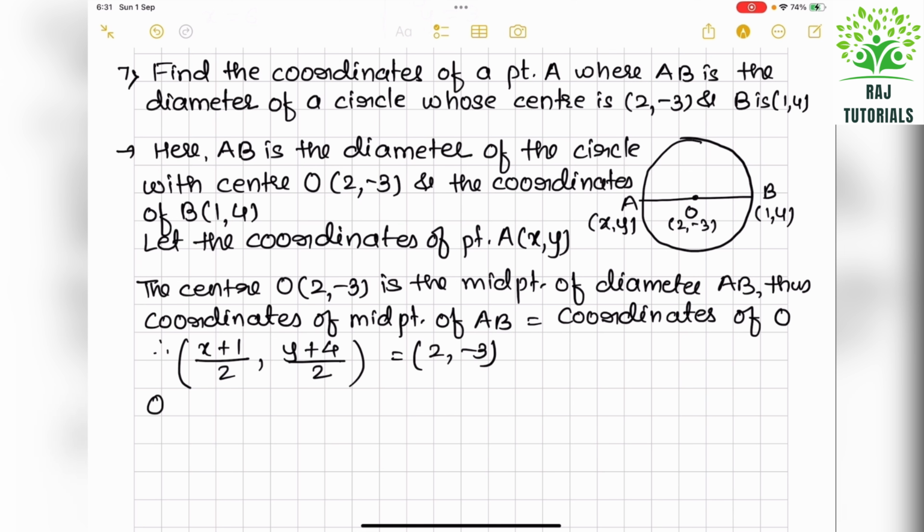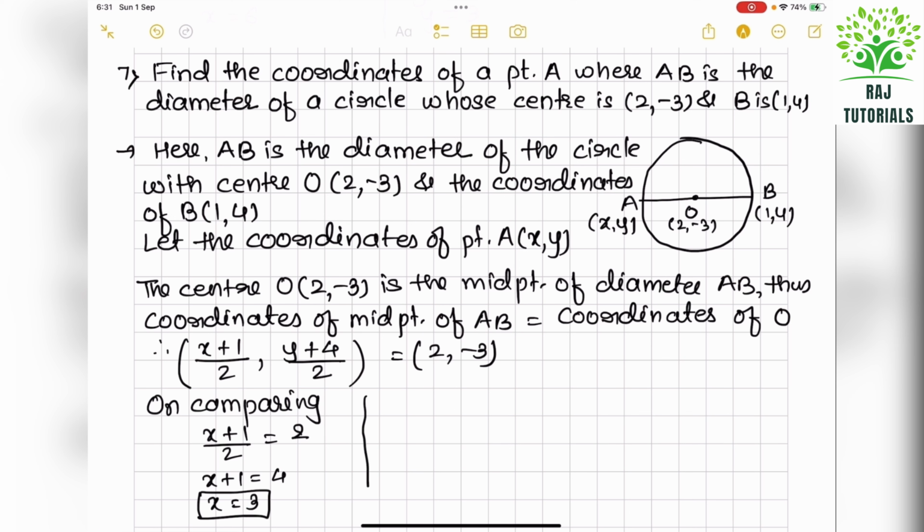So, on comparing, I will have x plus 1 by 2 equal to 2. So, x plus 1 equal to 4. So, x equal to 3.